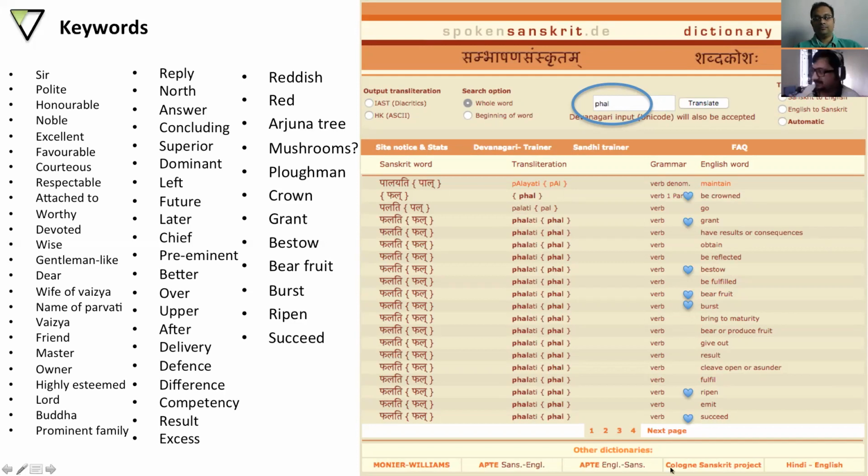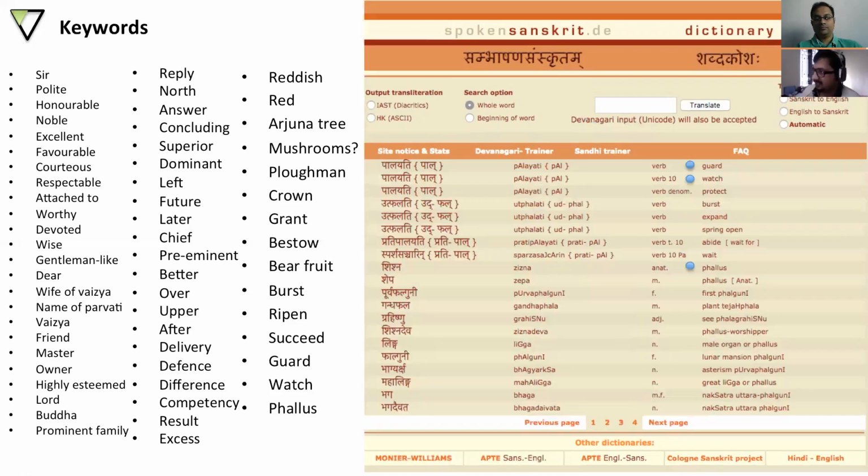And then, again, with the keyword, you can see other keywords coming up based on other words connected with palayati, meaning pal, which sounds similar to phal. It means guard, it means to watch. And the elders of the community are the ones who are watching over the future generation. They are looking out for dangers, they are protecting the future. And interestingly, the word phal is contained in the word phallus.